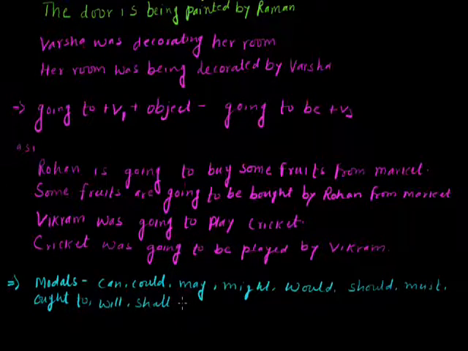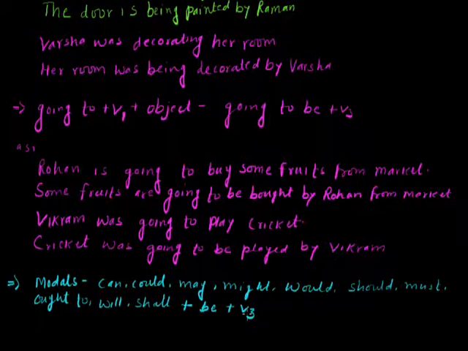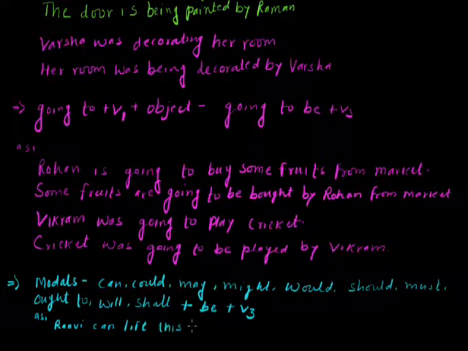So when modals are given in the active voice, we simply add be after them, and then the third form of the verb is used in the passive voice. For example, Ravi can lift this stool. In this sentence, can is a modal. So when we make the passive voice of this sentence, first we will pick up the object, that is stool.